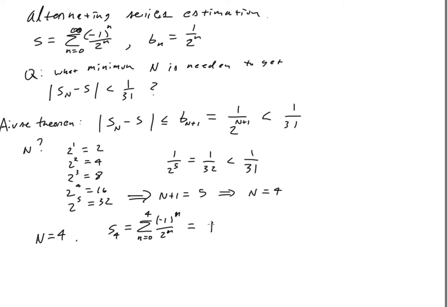This is going to be 1 minus 1/2 plus 1/4, and then minus 1/16, and then plus 1/32 there. Does that work out? That gives us all 5 terms, because this is the n equals 0 term, n equals 1, n equals 2, 3, and then 4. The 4th term is right there.